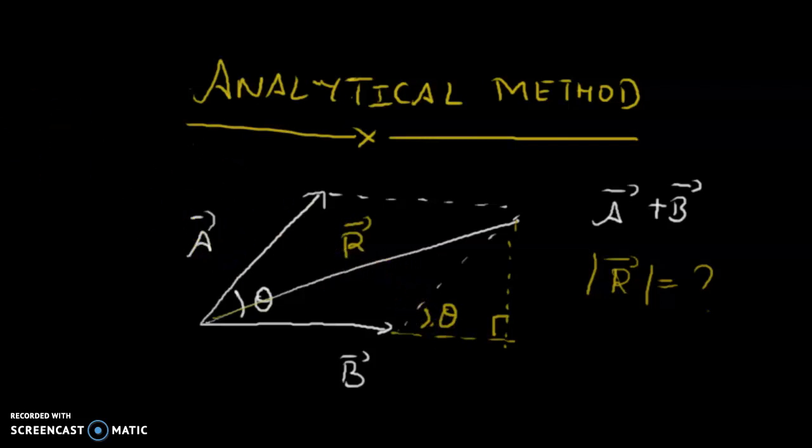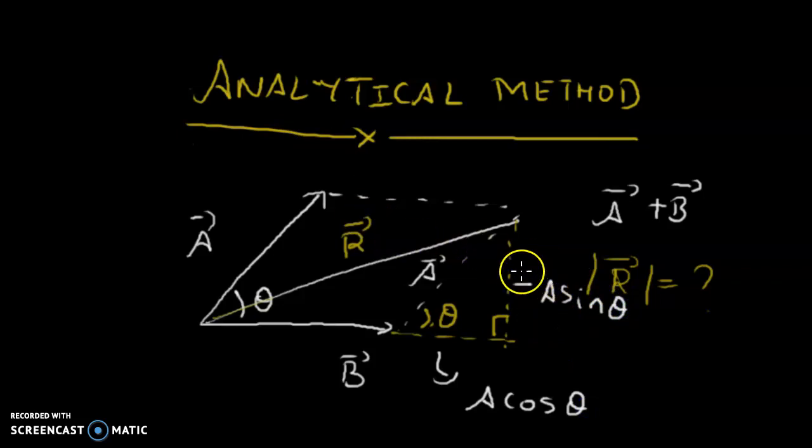This is A, this would also be A, in magnitude, and thereby this would become A cos theta, and this would become A sin theta. You know that. In that triangle, this is A sin theta, and this is A cos theta.